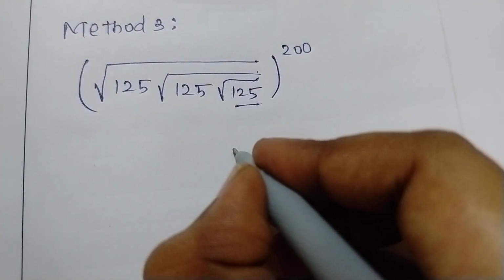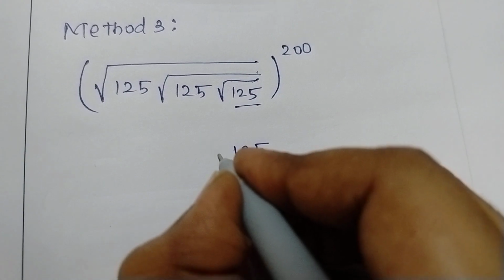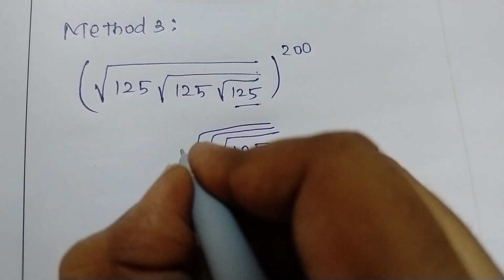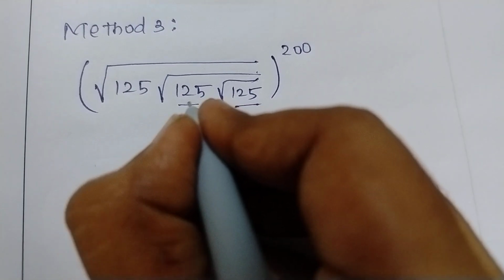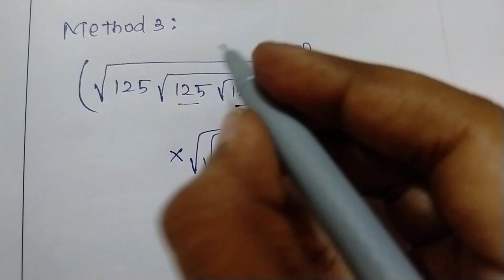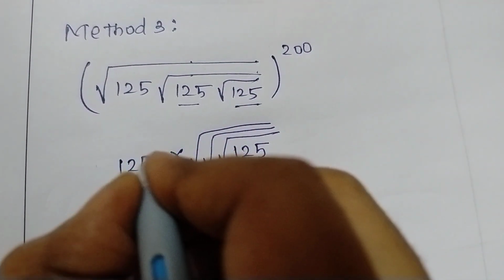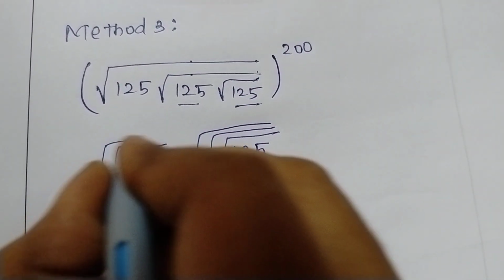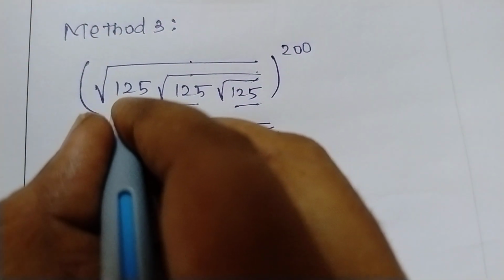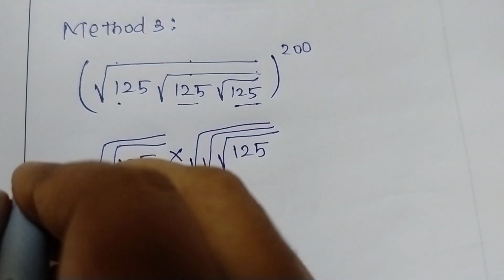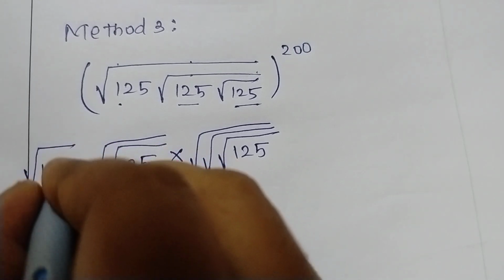So just write 125 root for this 125 into, see here, for this 125 how many roots are there? 1, 2, right? So just write this root. And for this 125, how many roots are there? Only one root. So just write one root.